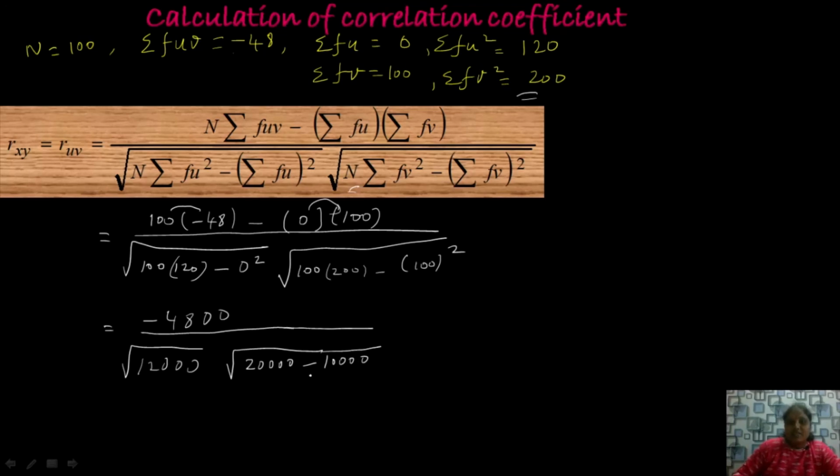Simplifying all these values we get minus 4,800 over under root 12,000 and under root 20,000 minus 10,000, which is 10,000.